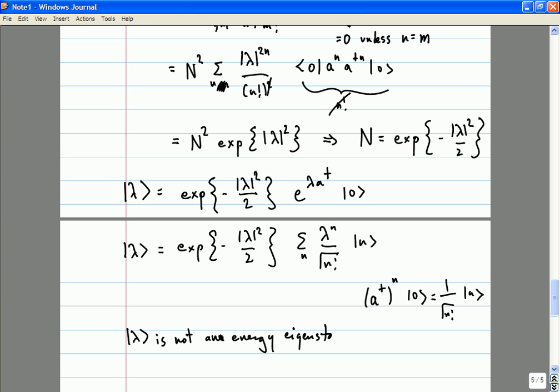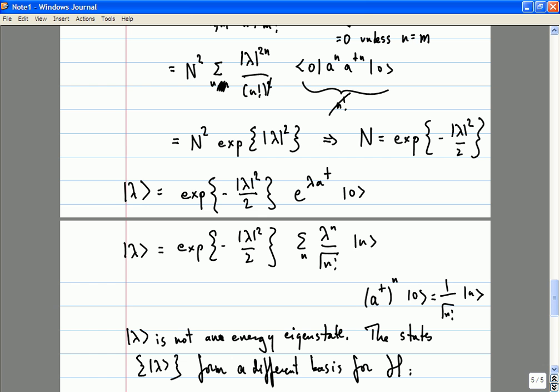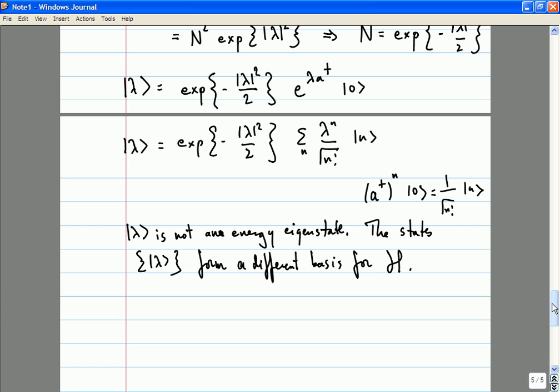And in fact, the set of all coherent states forms a different basis for the Hilbert space of the simple harmonic oscillator. And in fact, it turns out that it's not an orthonormal basis. We usually like working in terms of an orthonormal basis because it's convenient. But for other purposes, sometimes non-orthonormal bases are useful.